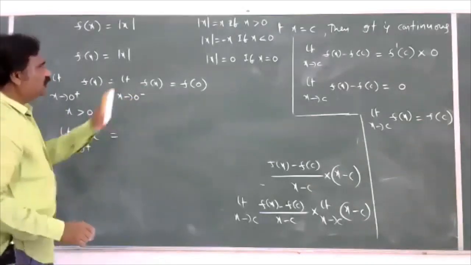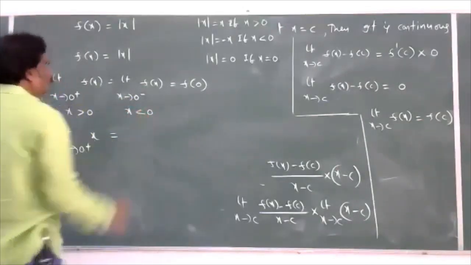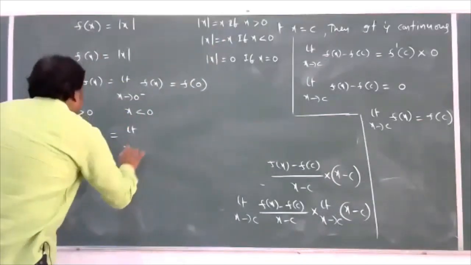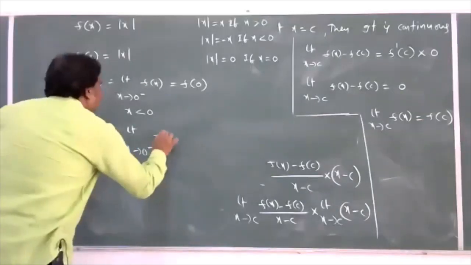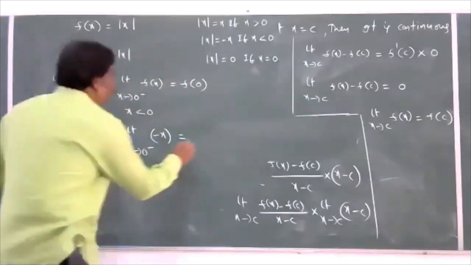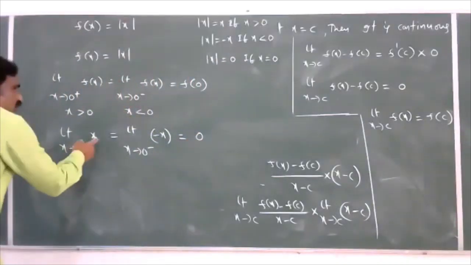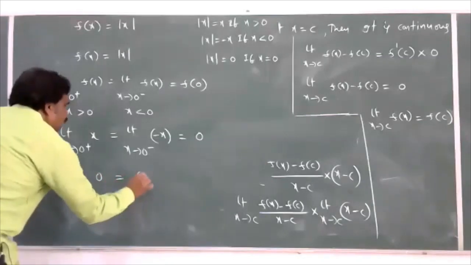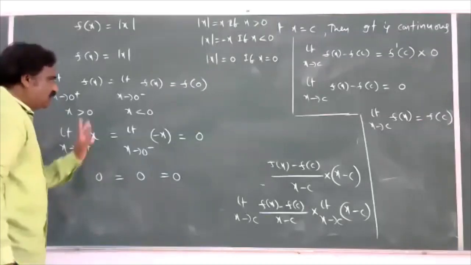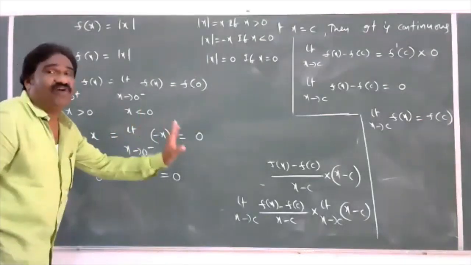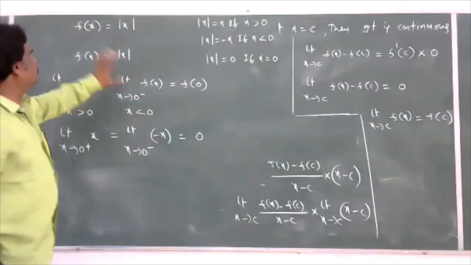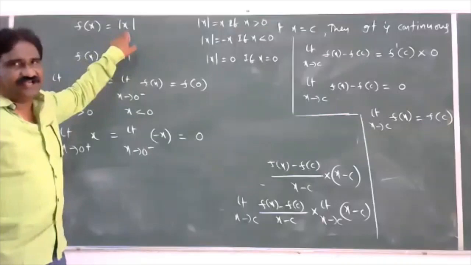Here x tends to 0 minus means x less than 0. X less than 0, mod x is equal to minus x. That is limit x tends to 0 minus of minus x is equal to f of 0. At x is equal to 0, mod x is equal to 0. Here you substitute the limit, 0 is equal to 0 is equal to 0. That is, left hand limit is equal to right hand limit is equal to function value. That's why it is a continuous function. So first, f of x is equal to mod x is continuous.